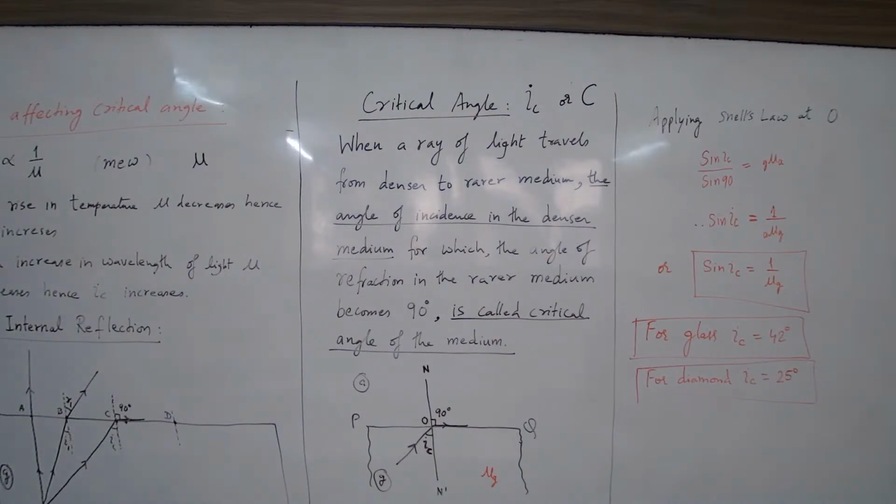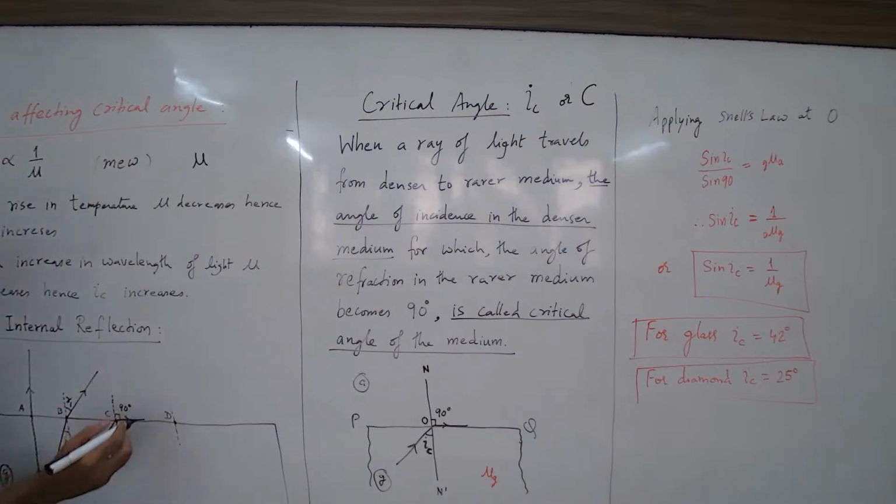Whenever the angle of incidence increases, the angle of refraction goes on increasing. When we go on increasing, for some angle of incidence the angle of refraction becomes 90 degrees.